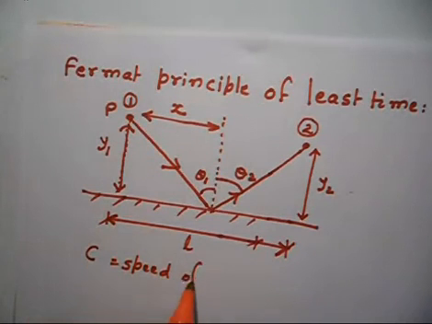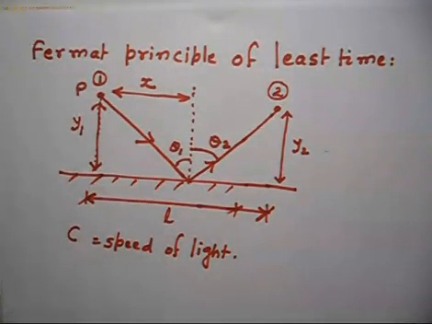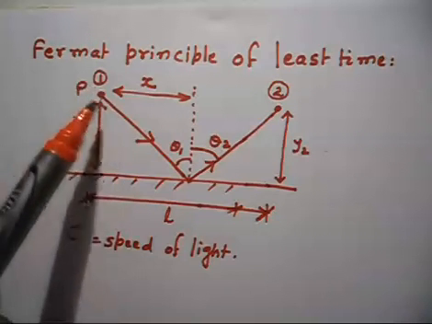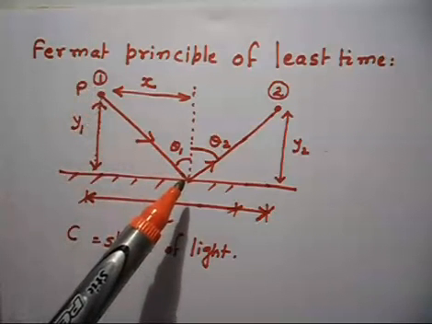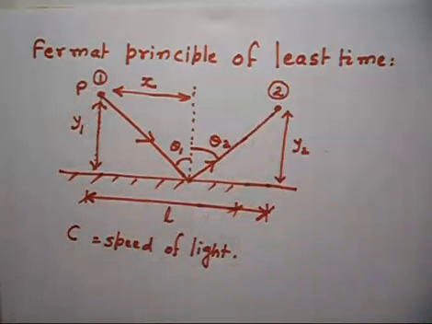It leaves point 1, is reflected by this mirror, and goes to point 2. So the light ray is something like this.